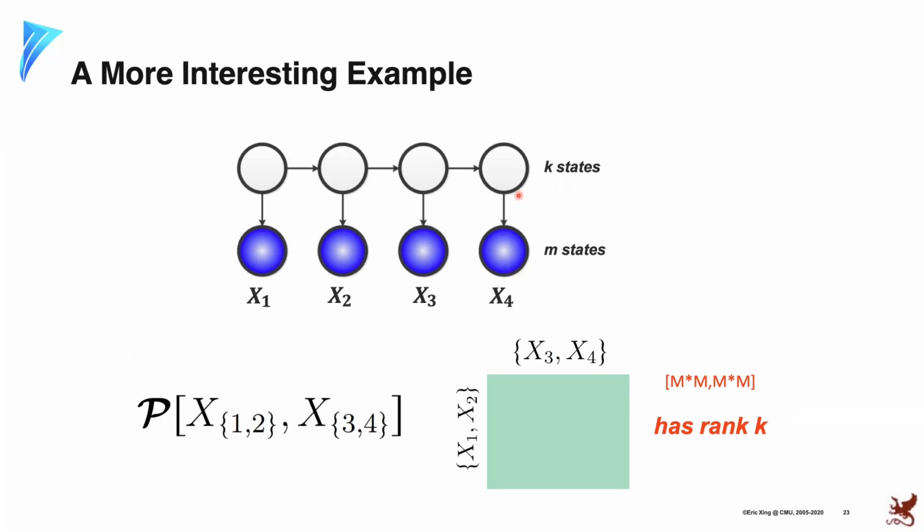Again, we can construct a joint probability matrix in 2D space where the matrix is m squared by m squared, where the rows are indexed by the values of variable 1 and variable 2, and the columns are indexed by the values of variable 3 and variable 4. And it has rank k, because we have k hidden states.